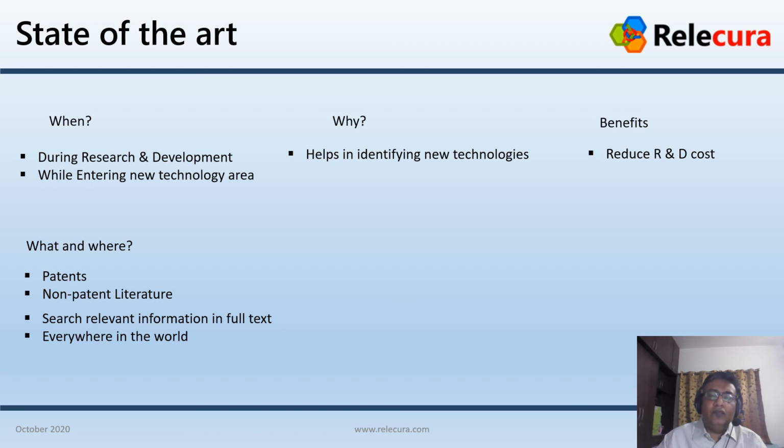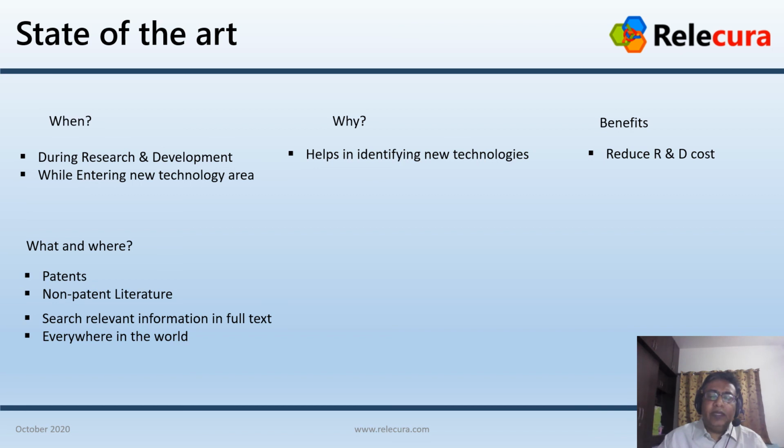Or if you are looking at entering into a new technology area, like I gave the example of electric vehicles and lithium-ion batteries, if somebody wants to enter into an area where I can provide battery as a system of replaceable battery, or battery available for the electric vehicle which can go till, let's say, 500 or 1000 kilometers. So those kinds of scenarios can be studied with the help of state of the art.